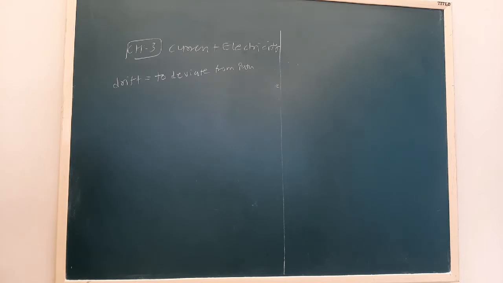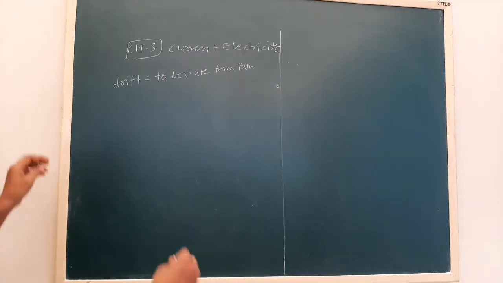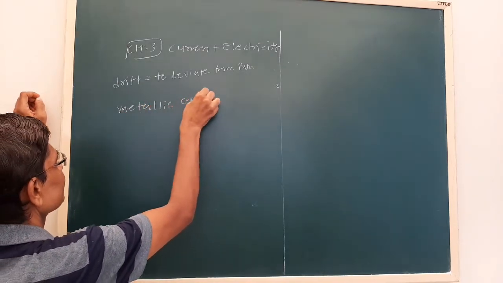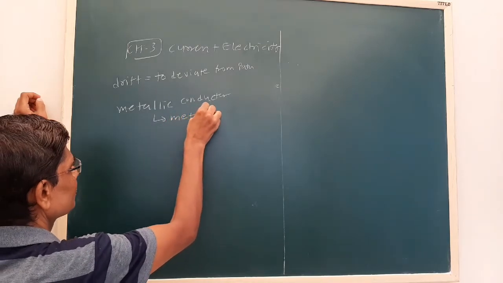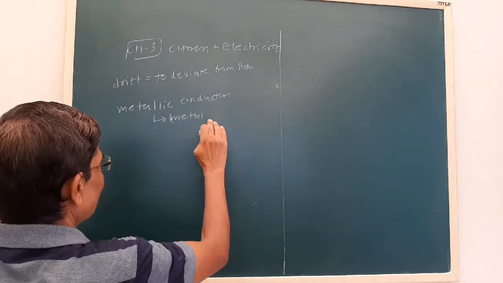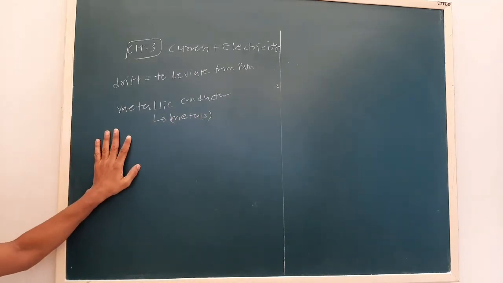Now here, how we have to study it in conductors. Now see, whenever we say conductor in this lesson, we understand they are metallic conductors, especially metals, and some of the alloys. Whenever we mean a metallic conductor here, they are made up of metals.